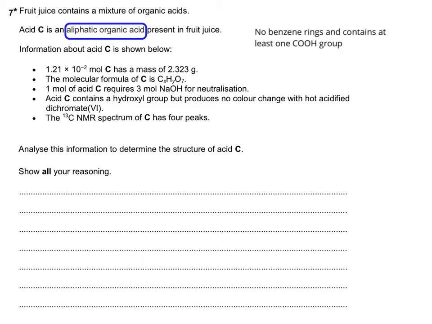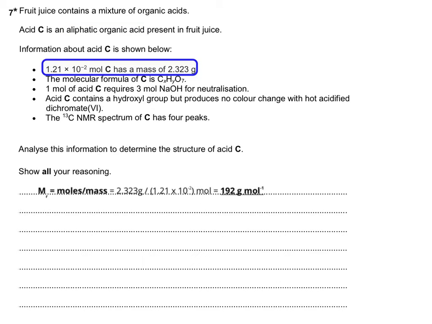So it tells you that it's an aliphatic organic acid. That means there's no benzene rings and it contains at least one COOH group. So looking at the first bullet point, we can work out what the molar mass is, 192 grams per mole to the minus 1.